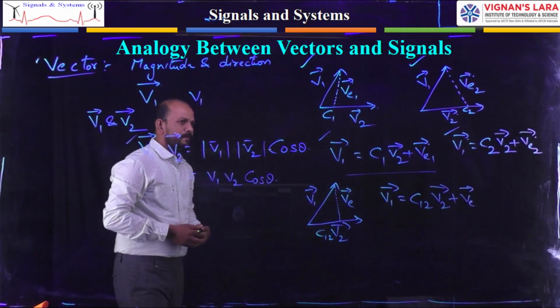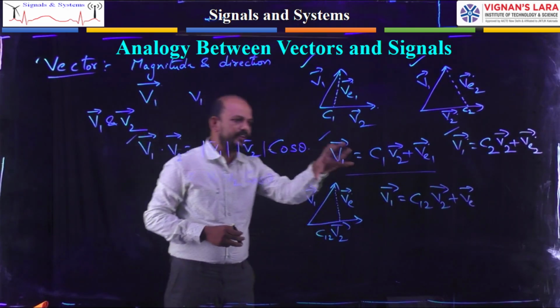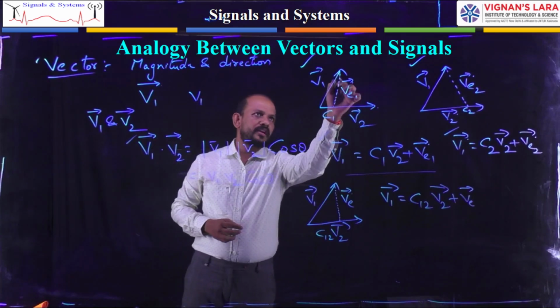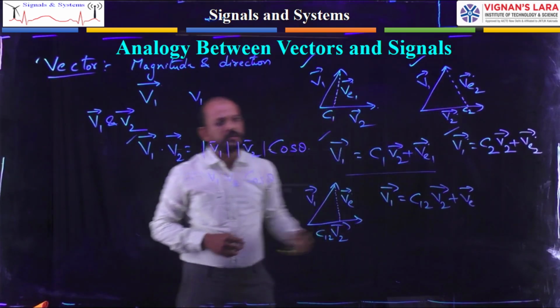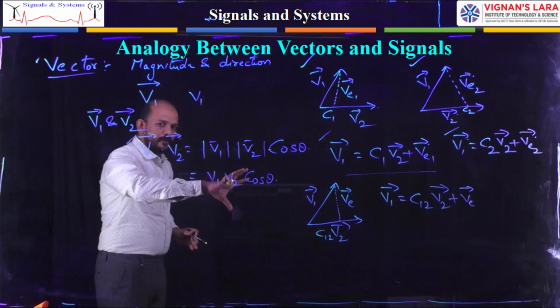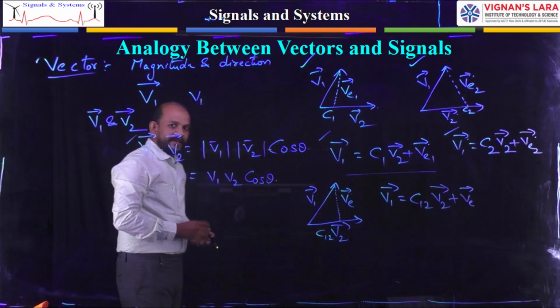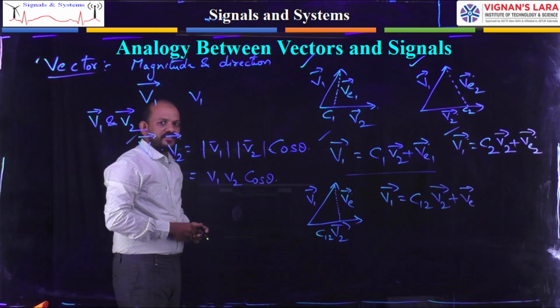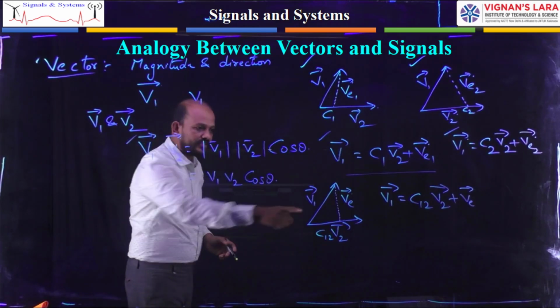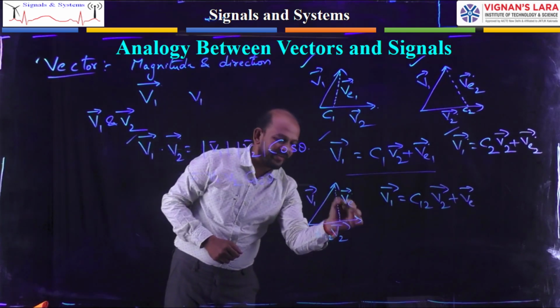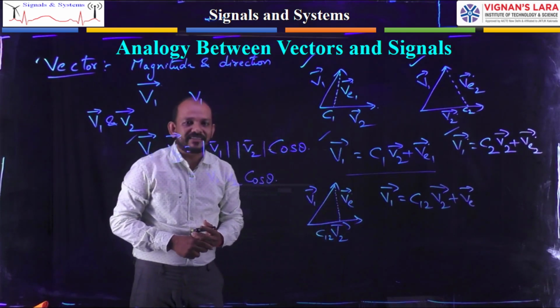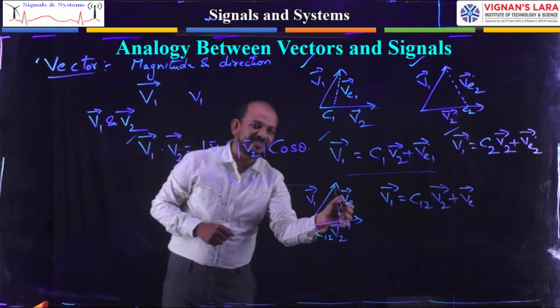There are so many ways; I explained three ways. You can draw in many ways. Here, the best way to represent one vector in terms of another vector is this one. Why? Because in this case the error vector is very minimum.